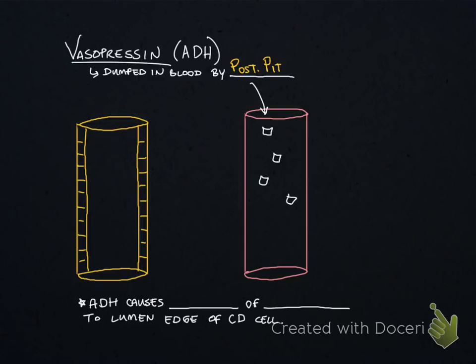Okay. We have a nephron tubule here, and it would either be the collecting duct, CD, or the distal convoluted tubule. The distal convoluted tubule or the collecting duct has receptors for vasopressin on the walls of the nephron tubule.